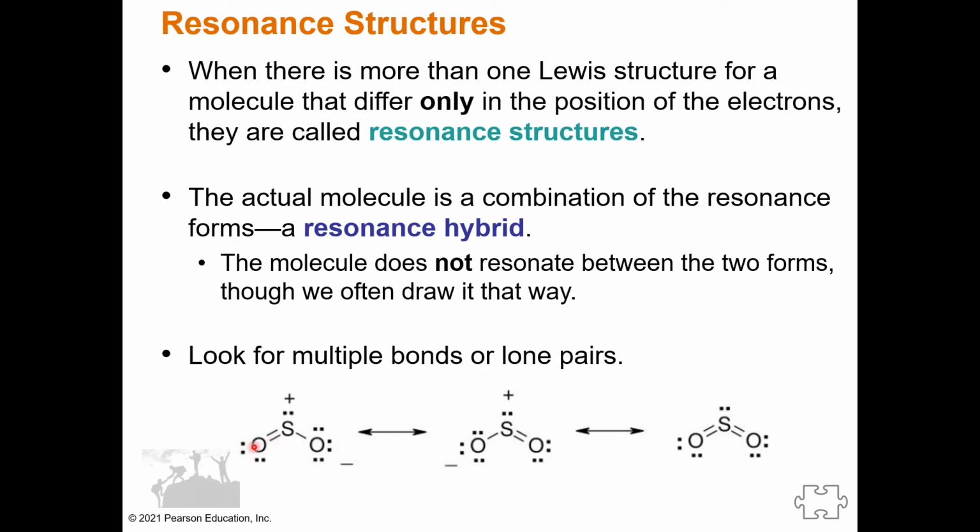And it's not like the oxygens are moving from one side to the other. Try to picture nailing down these 3 atoms so that they don't move. What's moving throughout the molecule is the electrons. So these 3 structures here for SO2 are called resonance structures. And these 3 structures all contribute to what's called the resonance hybrid. That's just a combination of all 3 of these structures.